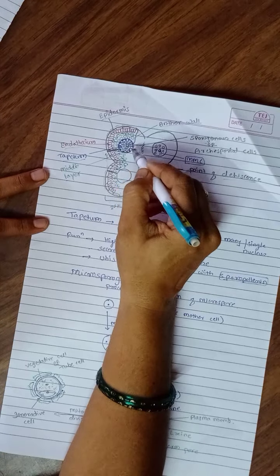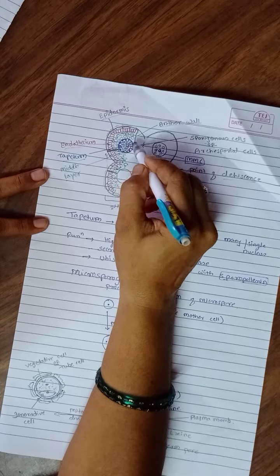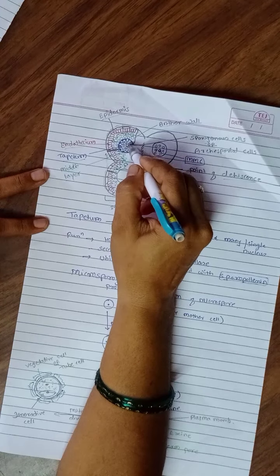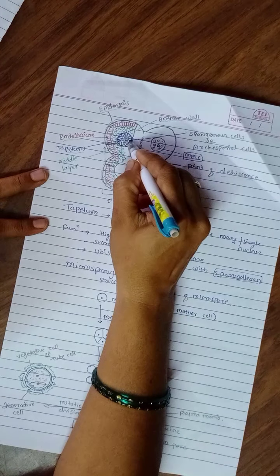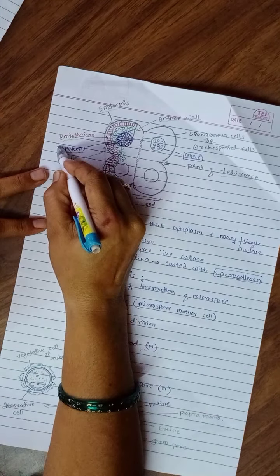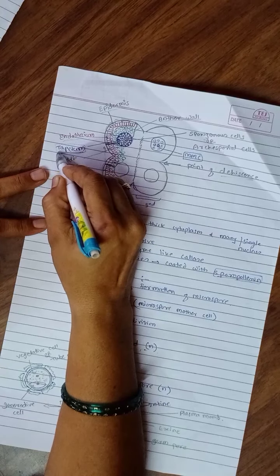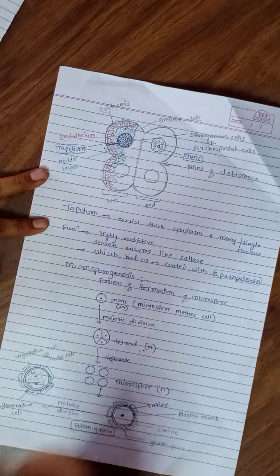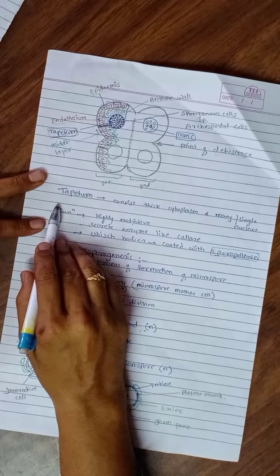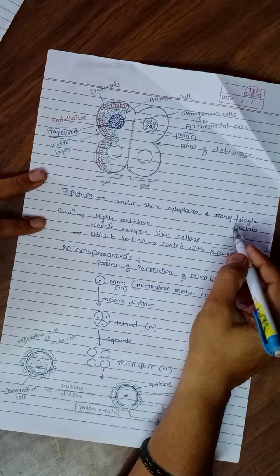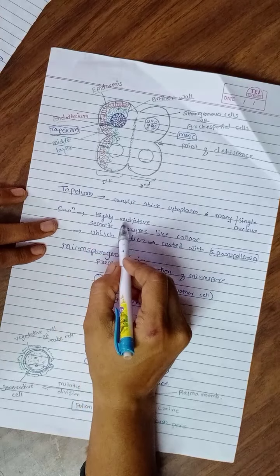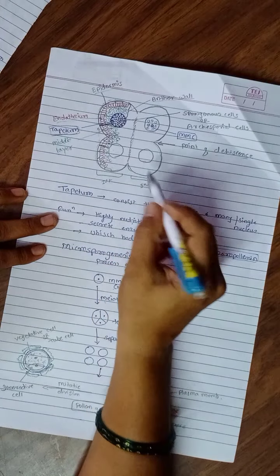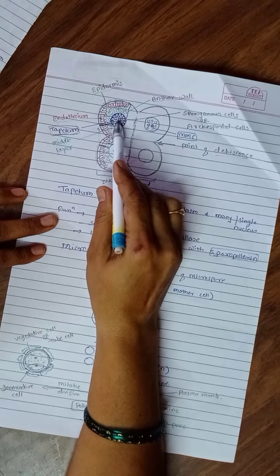These cells consist of dense cytoplasm and many nuclei or a single nucleus. This layer is known as the tapetum, and this is a very essential layer. Its function is that it is highly nutritive, that means it provides nourishment to the inner cells.